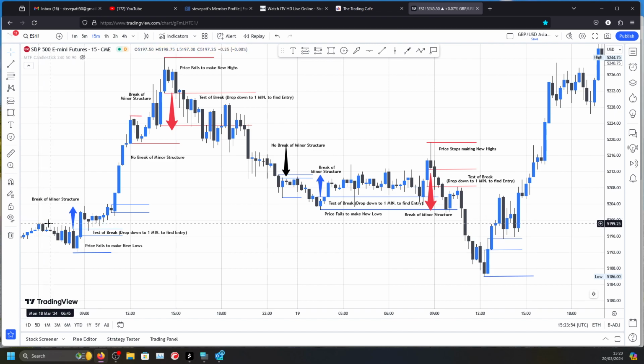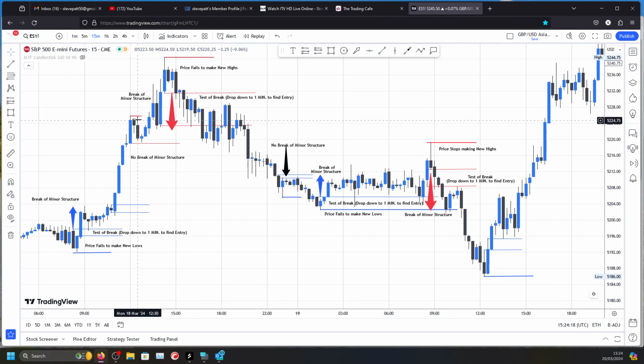I mean, you could almost call it a structure point here. But we get this break, and then price comes back and tests this breakout point here. And I've said, drop down to the 1 minute chart to find an entry, which we'll do later.